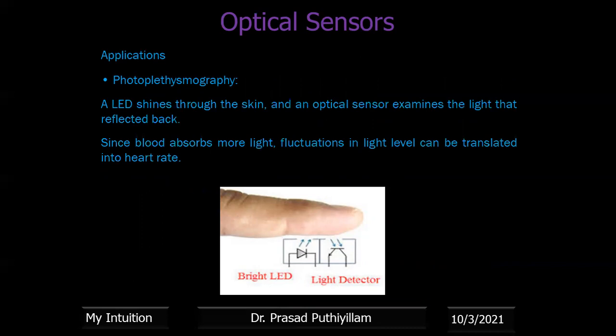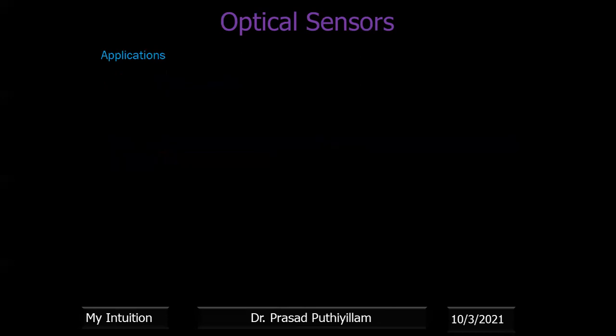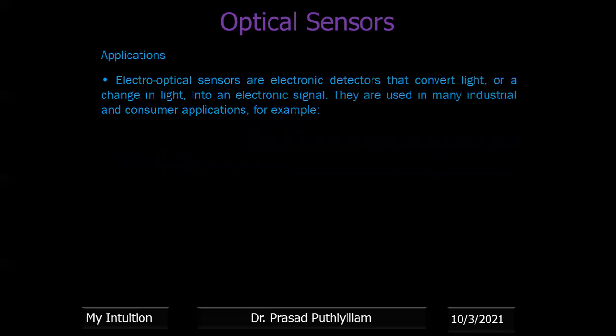A bright LED shines through our skin, and based on the fluctuation in the blood level, it will detect the heart rate. The movement of blood is again pumped by the heart only.